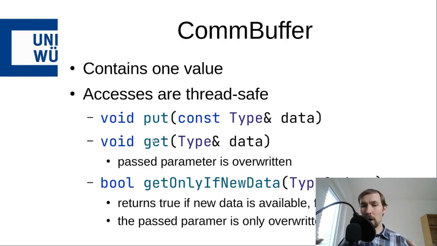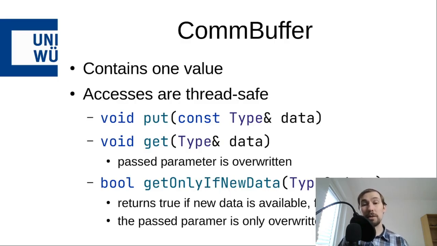Maybe there are some cases where you only want to process data that is new. So you don't want to process old data because it doesn't change anything if the read data have not changed. In this case, you can use this method down here: get only if new data.